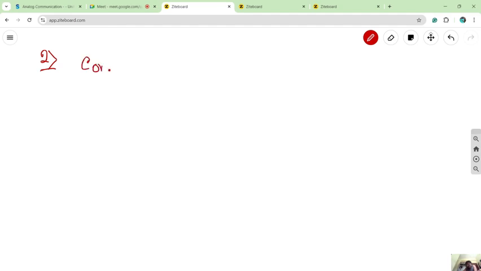Consider a channel transfer function H of f as follows.